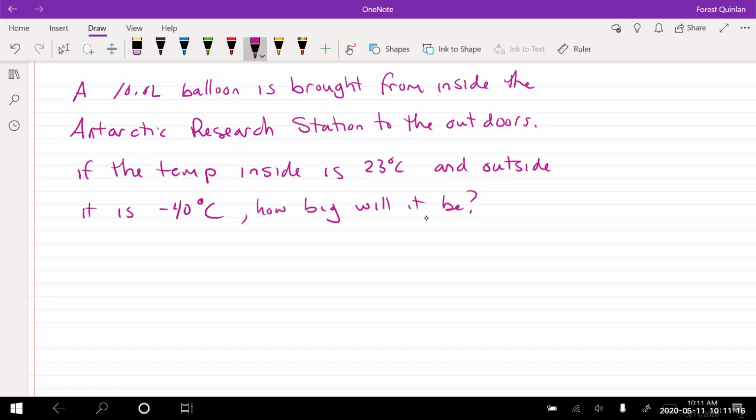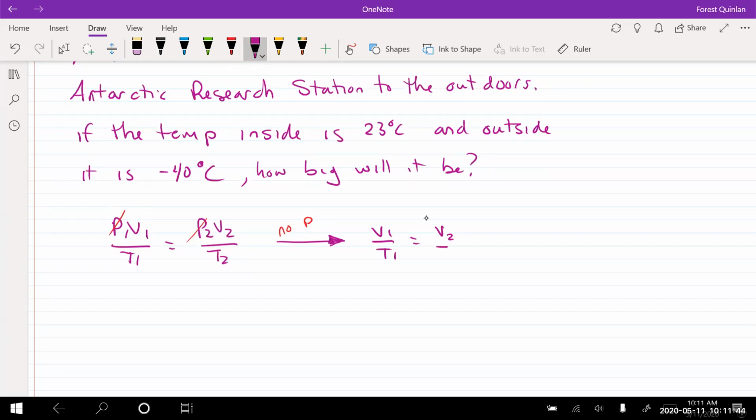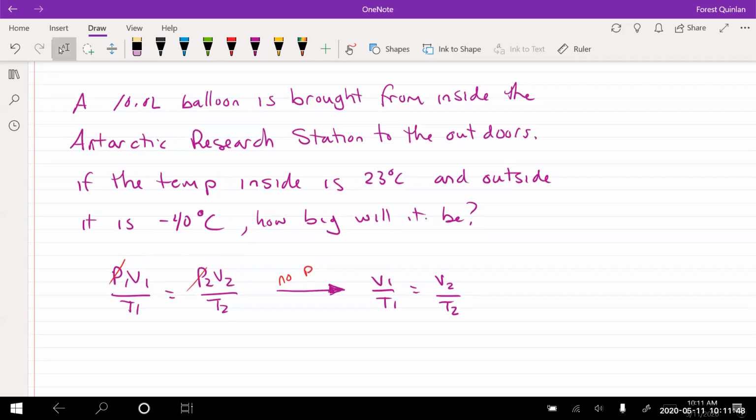So when we look at this problem, we know that it's changing. So we write P1 V1 over T1 equals P2 V2 over T2. We ask ourselves, is anything not talked about? Sure. No pressure, that's gone. So now we have V1 over T1 equals V2 over T2. We go back up here, and we look at our problem.